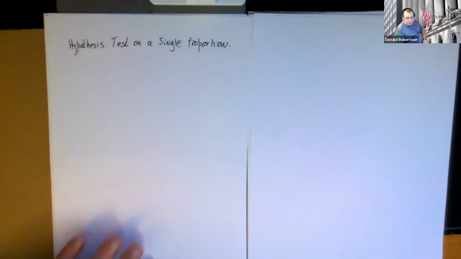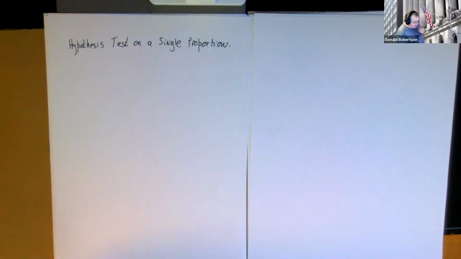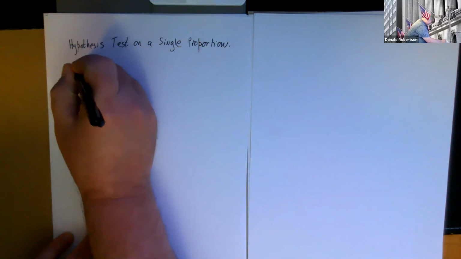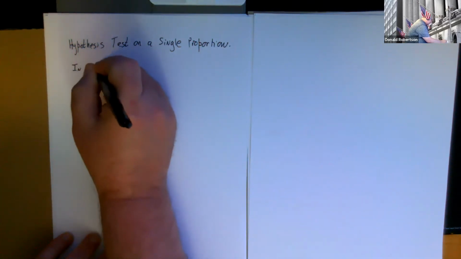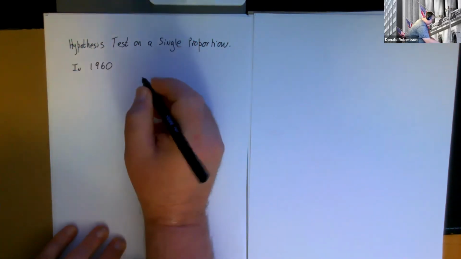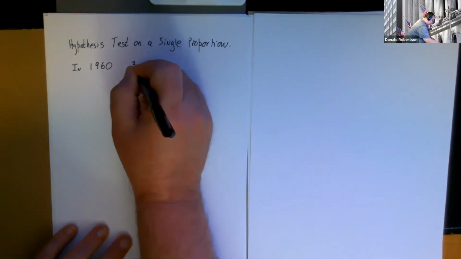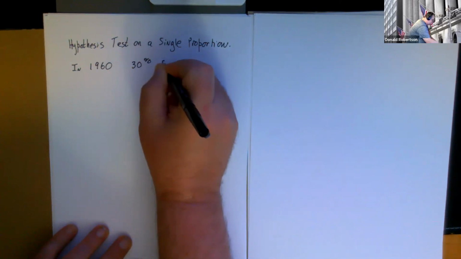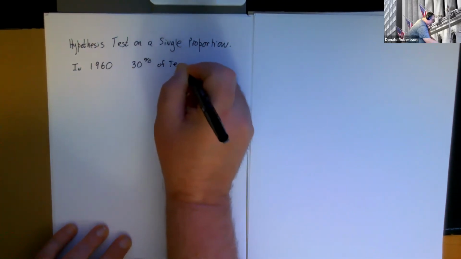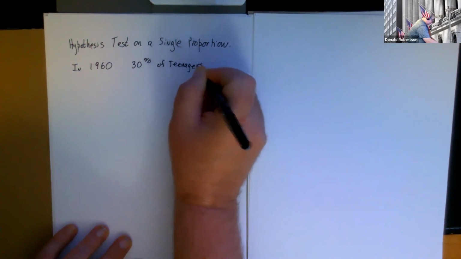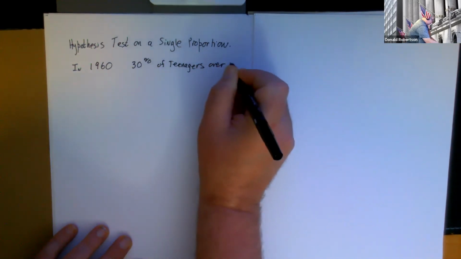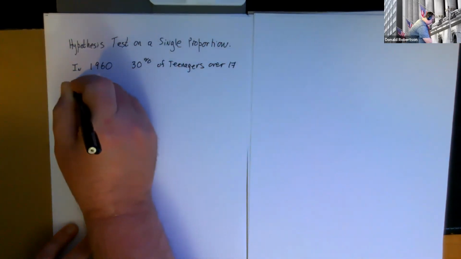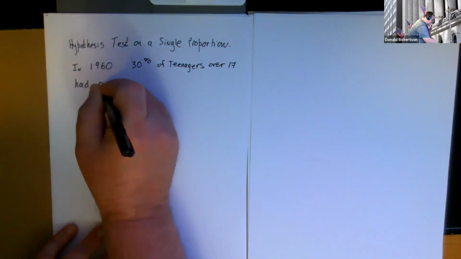Right, so I'm going to go through this question from start to finish the way you might get in a test question. So let's suppose in 1960, 30% of teenagers over 17 had a car.